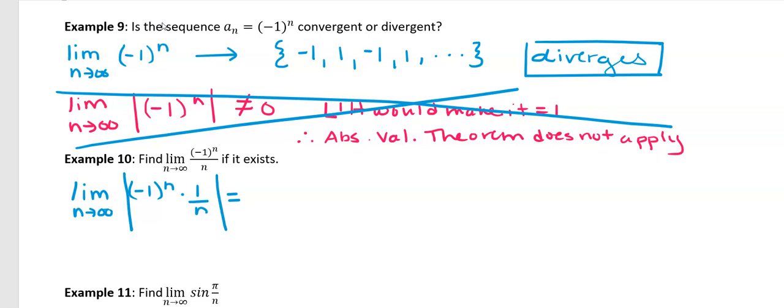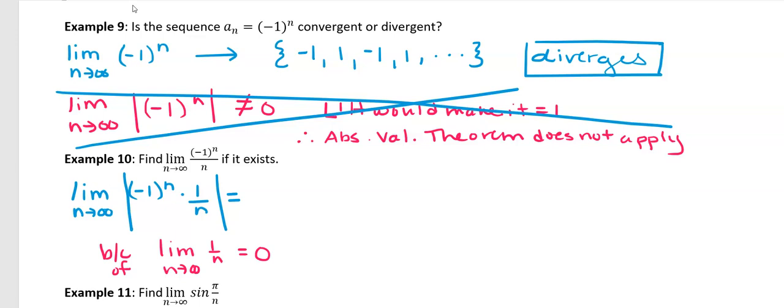Now, because of this 1 over n here, because of the limit of that particular piece as n approaches infinity, and n is going to become large with a constant numerator, I know that the limit of that is going to equal 0. 0 times anything is going to give me 0.